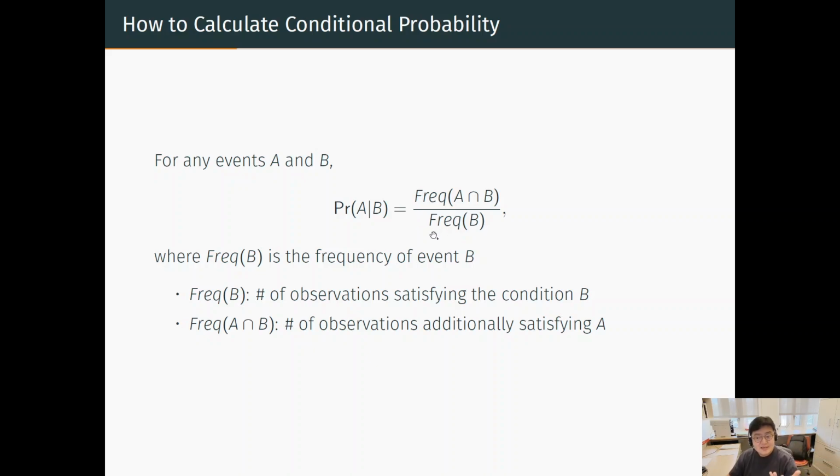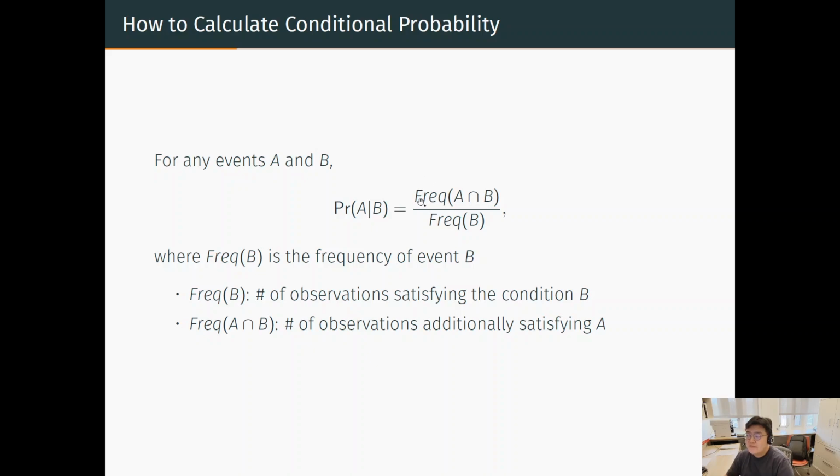I only use the observations that satisfy condition B, and in the numerator, I include A intersection B, which means the observations where A and B happen at the same time, right? So intersection means A and B. A happens and B also happens at the same time.